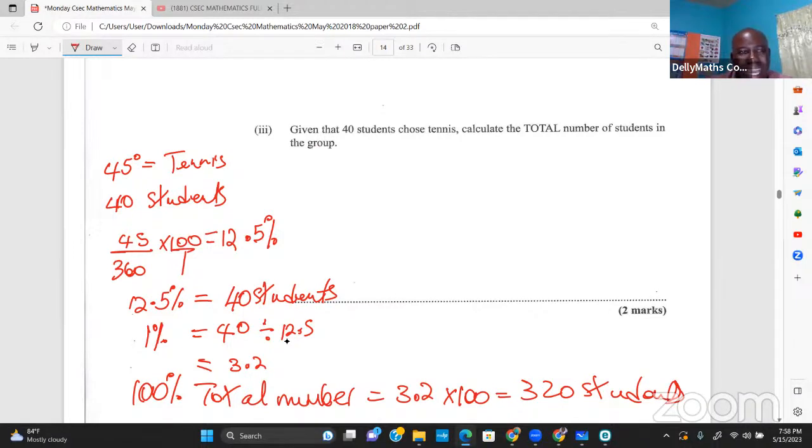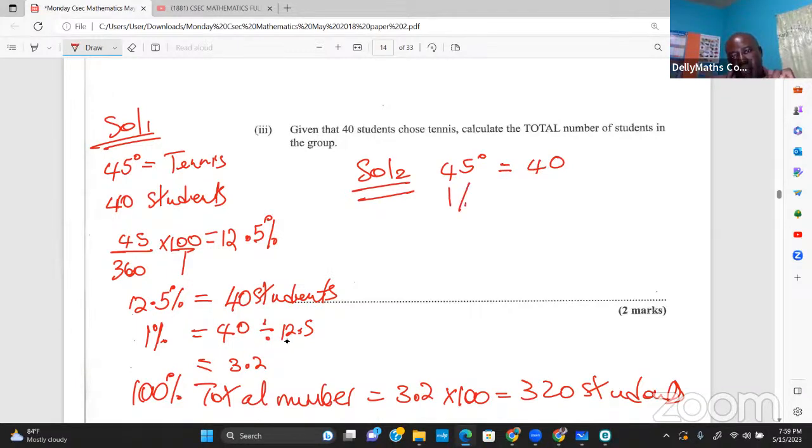But I never had to do it like that. That's solution 1. Solution 2. I could now take my 45 degrees and say 1 degree. Watch this. 1 degree is 40 divided by 45.